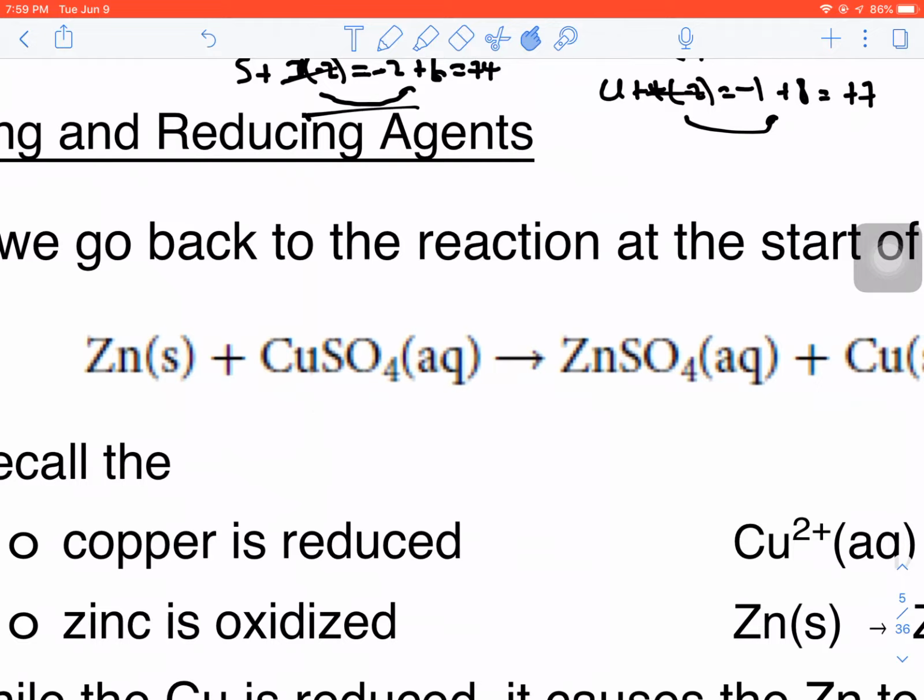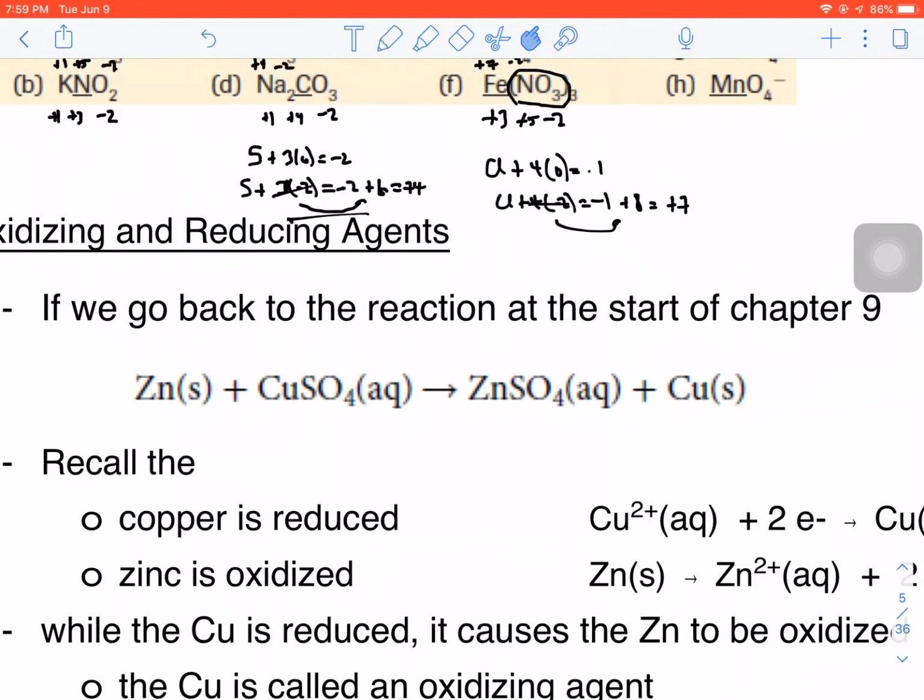And what we said was the copper here is copper 2 plus with a sulfate 2 minus. And over here, my zinc sulfate turns into a zinc ion 2 plus and a sulfate ion 2 minus.